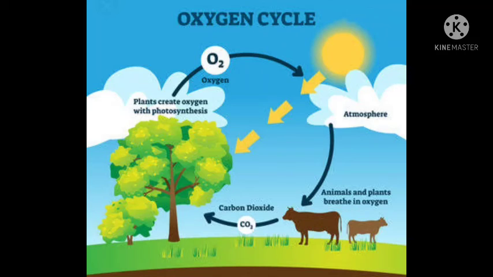I repeat, the natural cycle of consumption of oxygen by respiration and its release by photosynthesis is called oxygen cycle. Thus, both plants and animals are interdependent on each other and help in maintaining the balance of oxygen and carbon dioxide in the air.